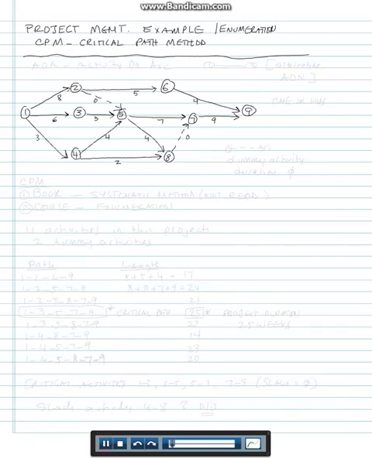This example is on the critical path method in project management. Your book talks about two ways to do CPM. The book talks about the systematic method.